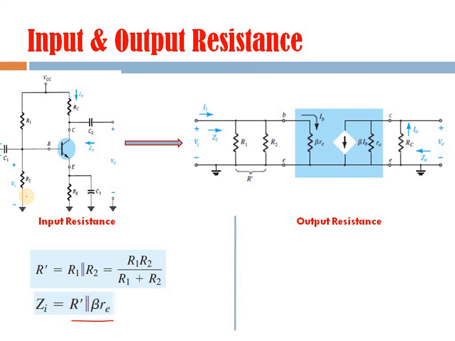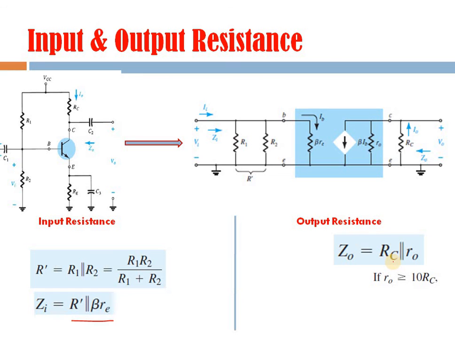Now if we discuss the output resistance, on the output side it is the parallel combination of R0 and RC. R0, you know, is the output resistance of the BJT device, which is between collector and emitter. So it's the parallel combination of RC and R0. But normally this R0 is very high compared to RC.